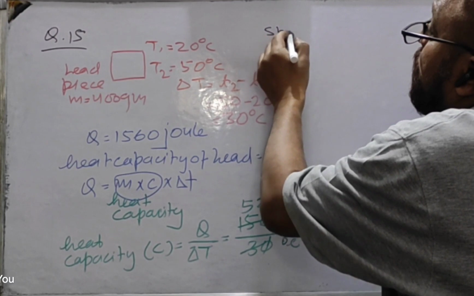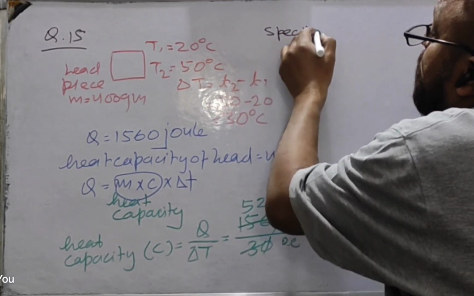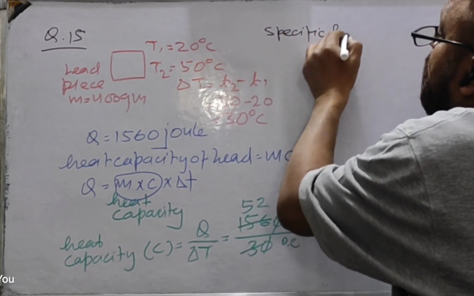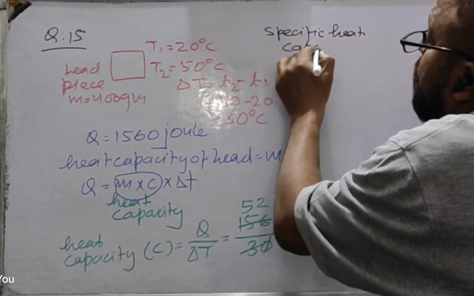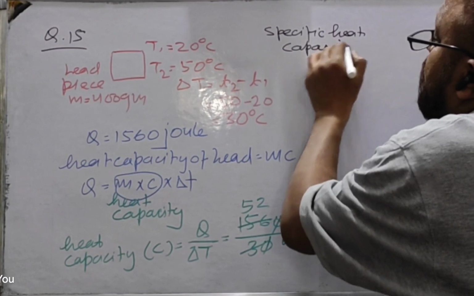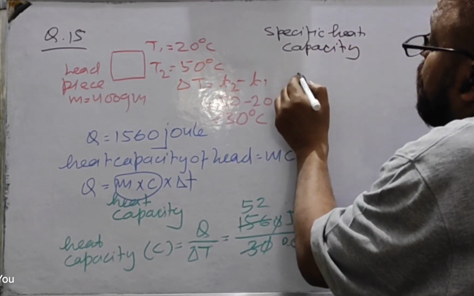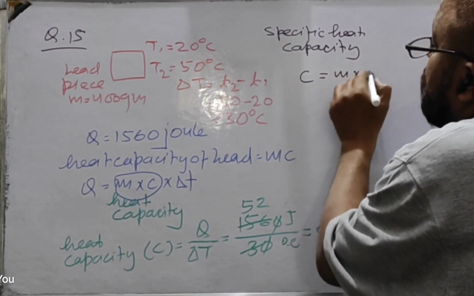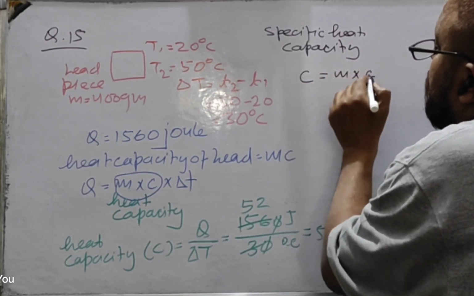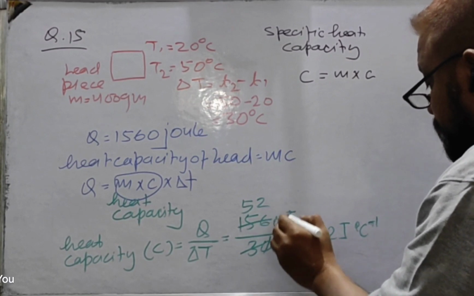Now the specific heat capacity. Capital C is equal to M into small c.